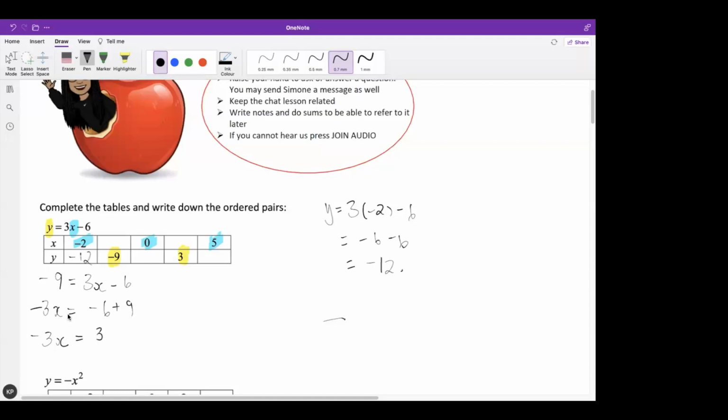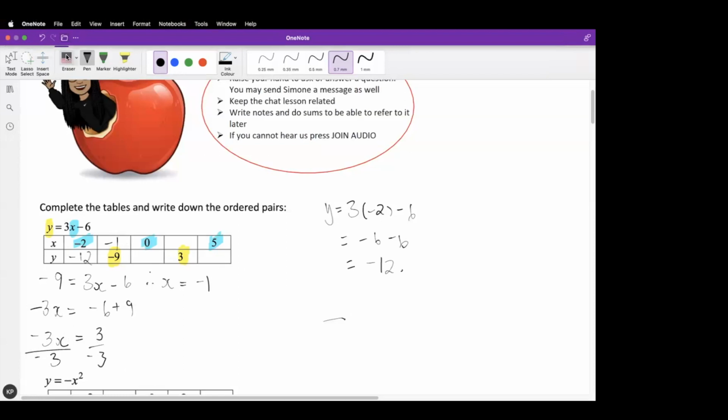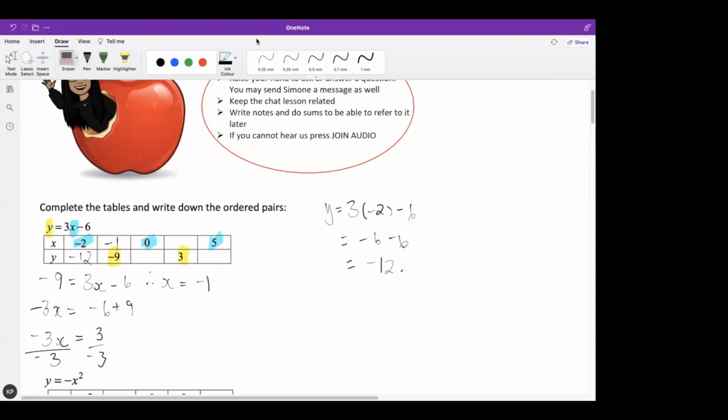Then? Divide by -3. Therefore, X is -1. Nice. Thank you, Bokang. That was beautiful. So this is -1. I love it when you guys participate, and I love it even more when you guys know the answer.